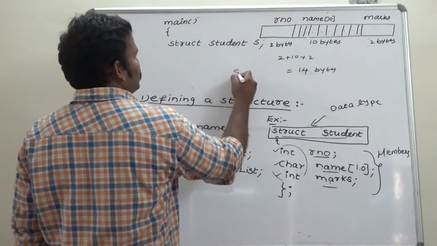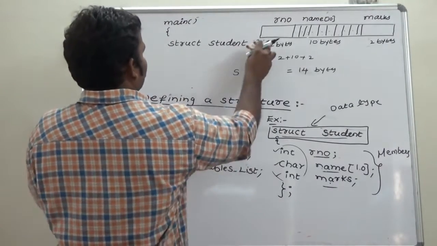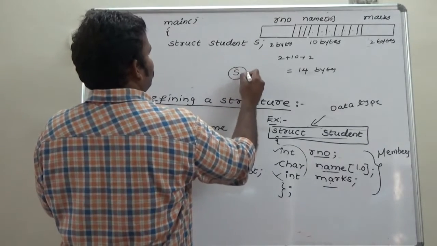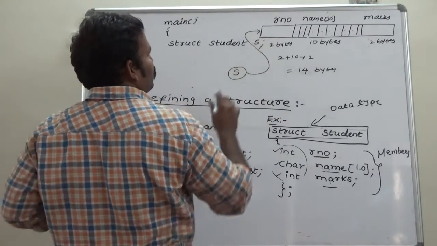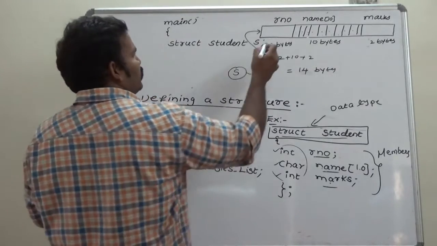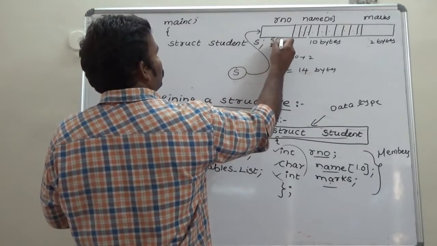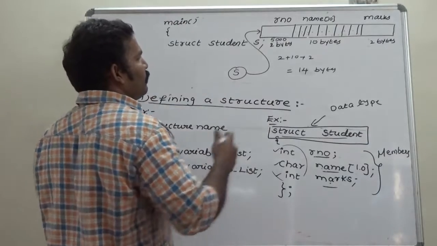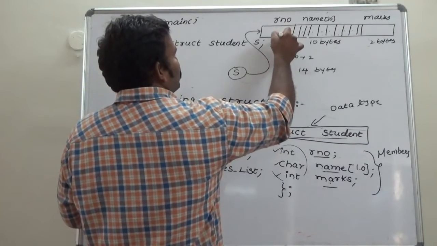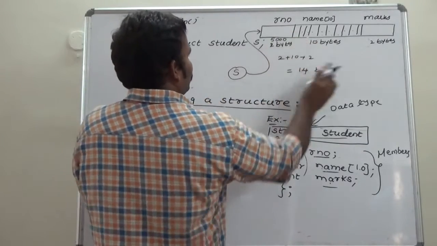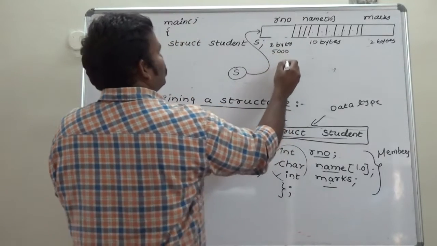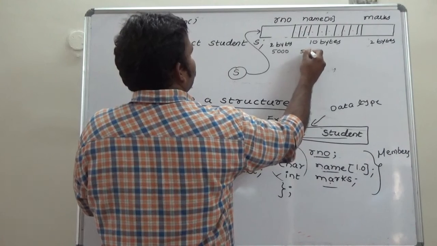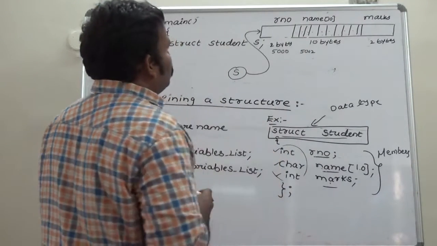Here S is the reference variable. This variable is pointing to the base address. Not only memory, an address is also allocated. Suppose this memory location address is 5000. Next, 5002, 2 bytes.